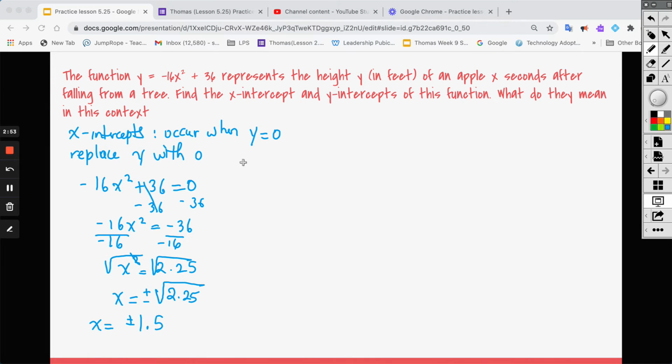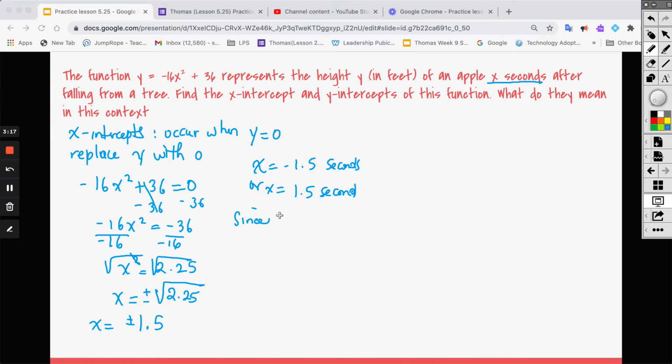And since y represents feet, we know that x represents seconds. So realistically, x is equal to negative 1.5 seconds, or x is equal to a positive 1.5 seconds.